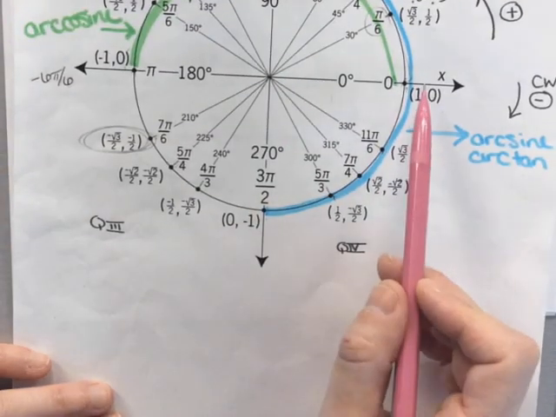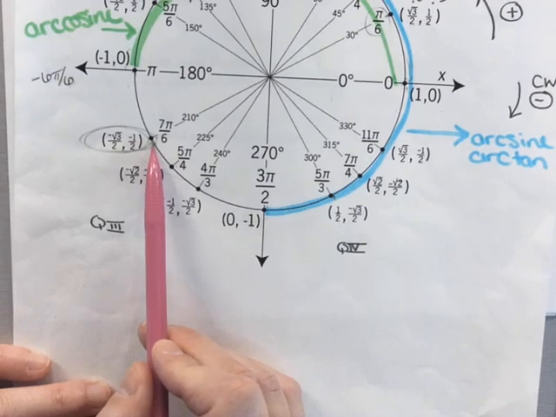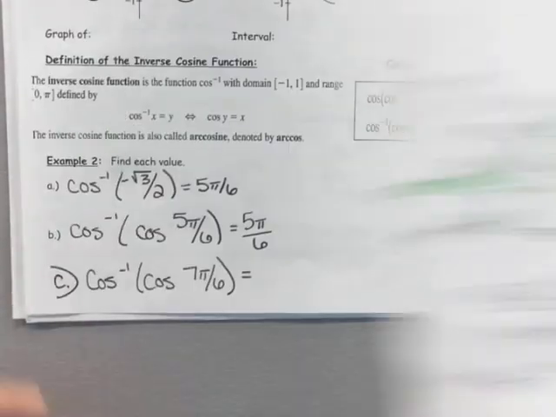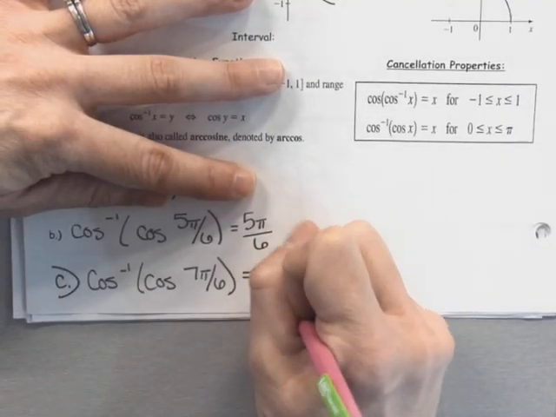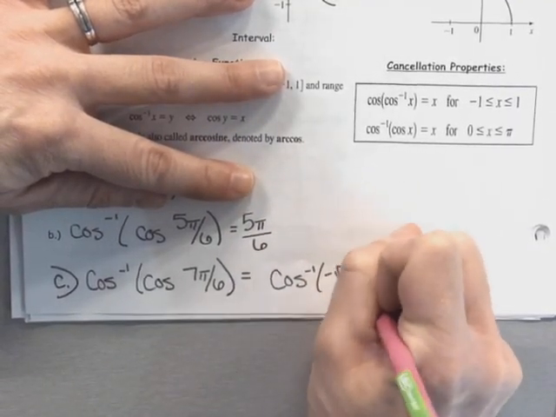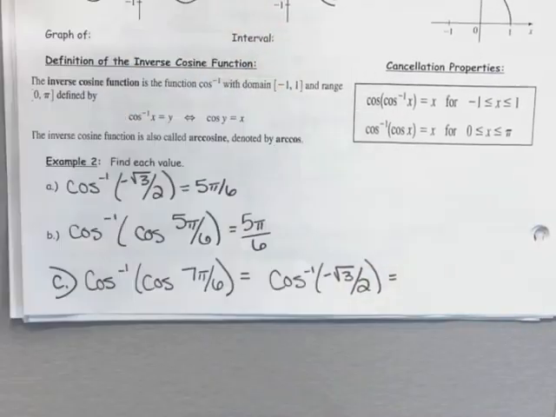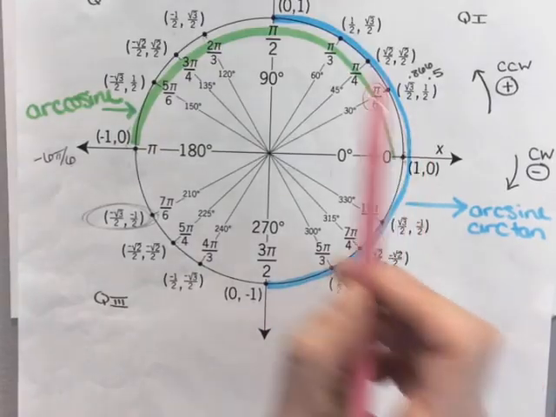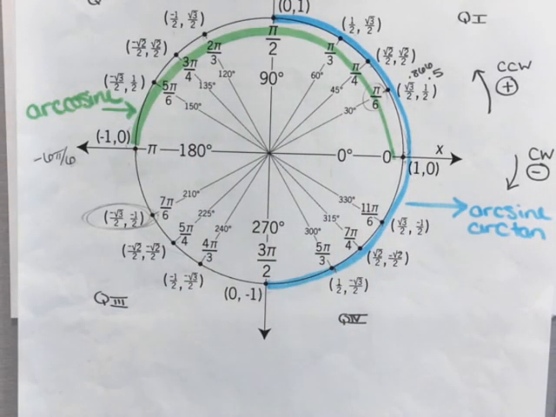There's 7 pi over 6. What's the cosine? Negative root 3 over 2. So really what I'm doing is finding the inverse cosine of negative root 3 over 2, but I can only stay in that restricted part. So if I stay in the green restrictions, where am I at negative root 3 over 2?